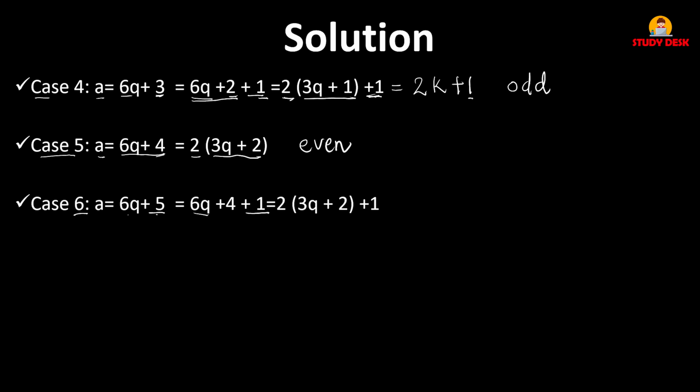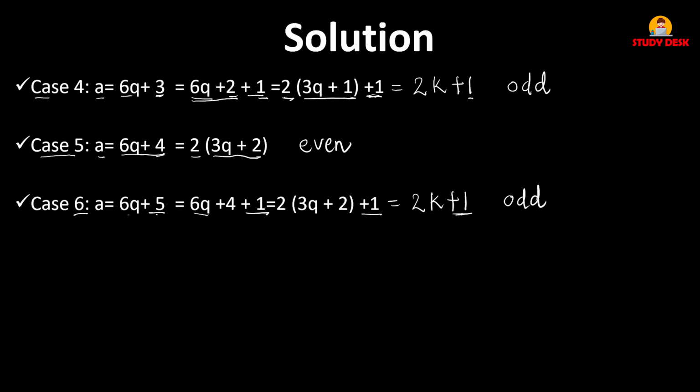And this plus 1 which is present over here will be written afterwards. So this entire expression can be written as twice of k plus 1. So what did we observe? On dividing this number by 2, we are getting a remainder of 1. Therefore, this number is not completely divisible by 2 and hence it is an odd integer.